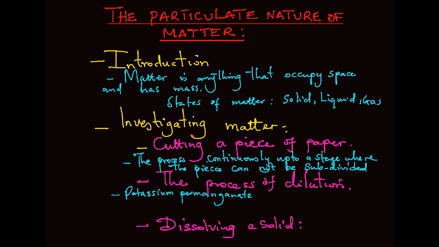Potassium permanganate is added to water in a beaker, and then the process of dilution is carried out by trying to transfer half of the solution into another beaker until the dilution cannot be done anymore.